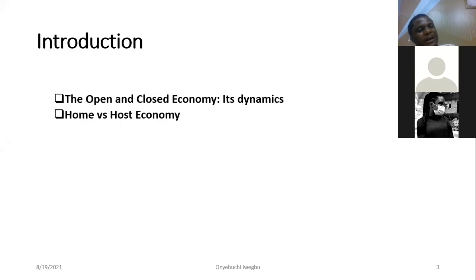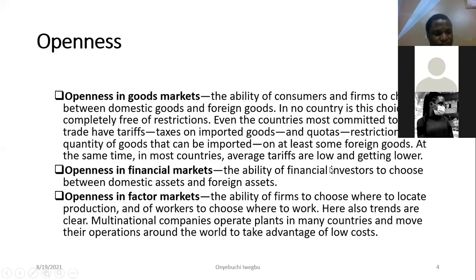So when the foreigner leaves his country, for example, an American leaves the US to come to Nigeria, Chevron, and installs his plants, to the American, his home economy is the US, while the host economy is Nigeria. Nigeria is hosting the American. So you need to understand the home economy and the host economy and how it is used. That's just for that purpose. So I believe that's clear. So now, when we're talking about openness in goods markets.